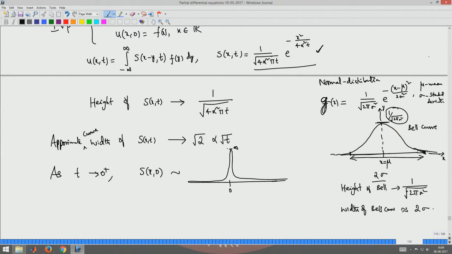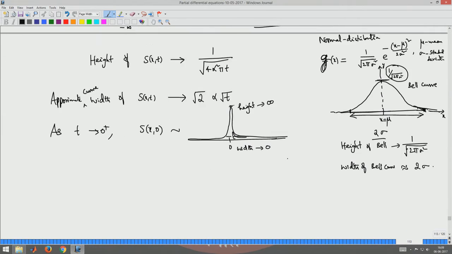You see that this is going to infinity and the width of this curve is becoming 0. The width goes to 0 and the height goes to infinity. This is what you are seeing.